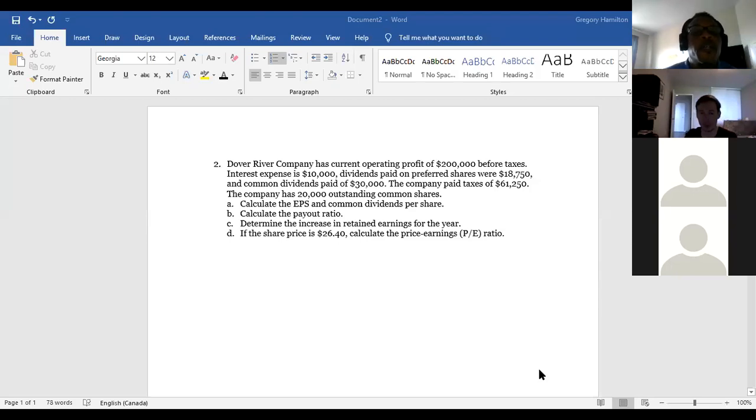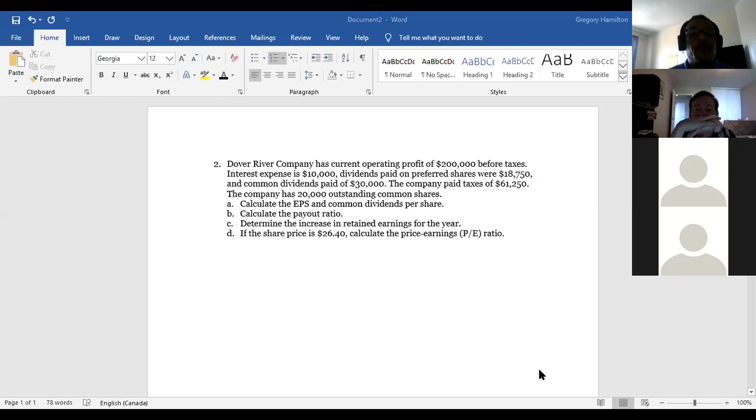It says Dover River Company has a current operating profit of 200,000 before tax, interest expense of 10,000, dividends paid on preferred shares of 18,750, and common dividends paid of 30,000. The company paid taxes of 61,250. The company has 20,000 outstanding common shares. Calculate the earnings per share and the common dividend per share.